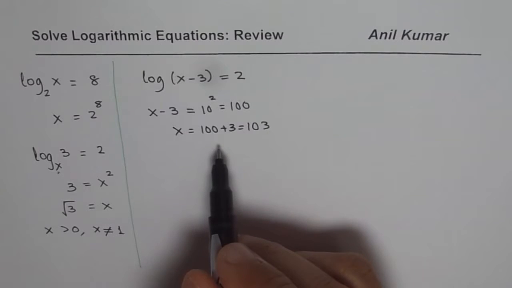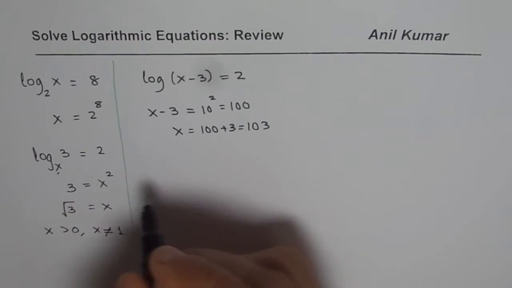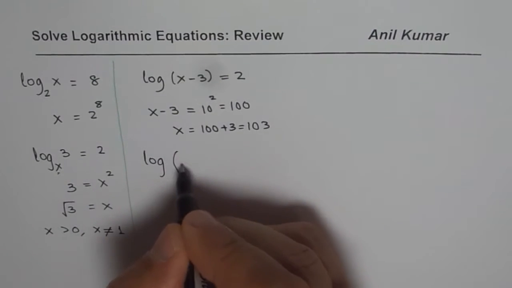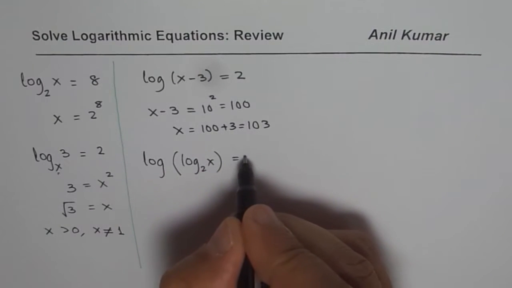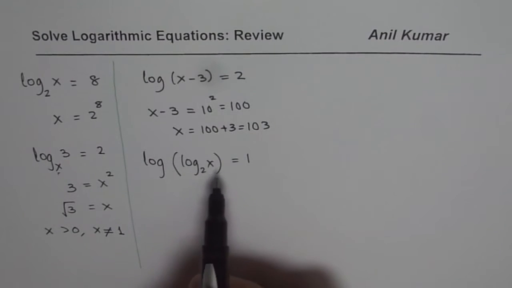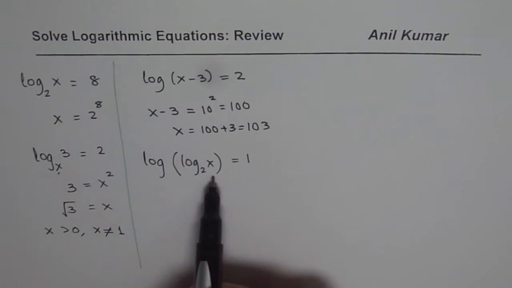You will also observe at times that we may give you equations where two logs are involved. So the equation could be log of, in another bracket, log to the base 2 of x, let us say equal to 1. Now that seems very complicated, but the method is the same. Instead of x, I have log base 2 of x here.